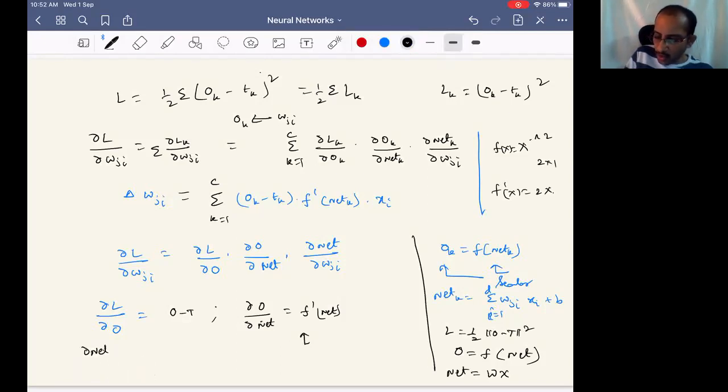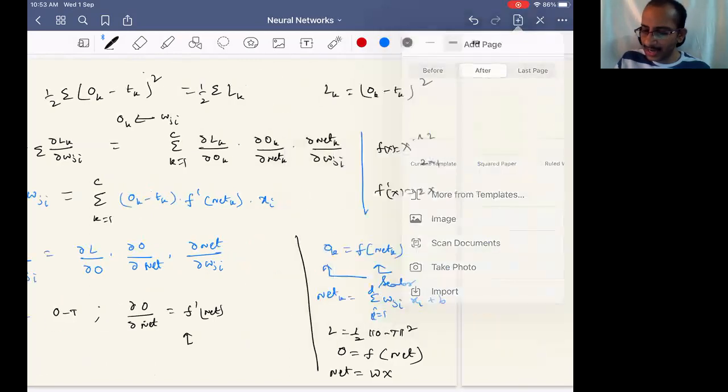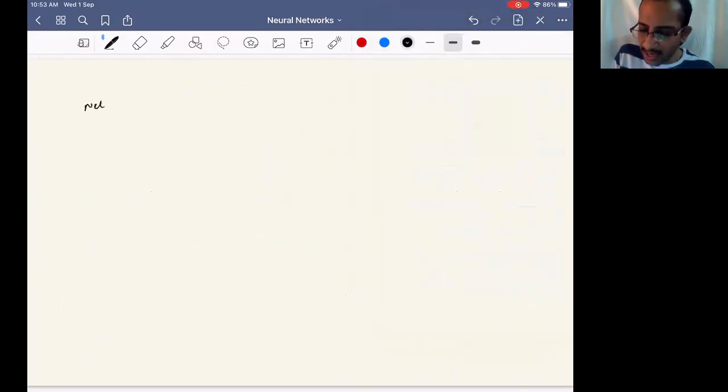Dou net by dou Wji, now we need to see. What is dou net by dou Wji? This is not very trivial, so let us see with a little more detail. The net value here is equal to net 1 up to net c.